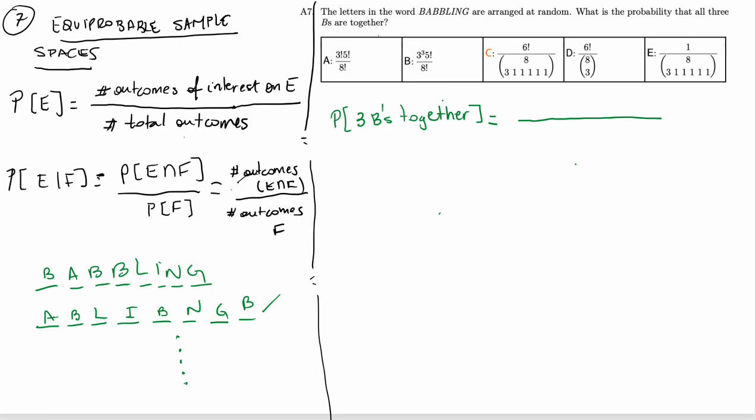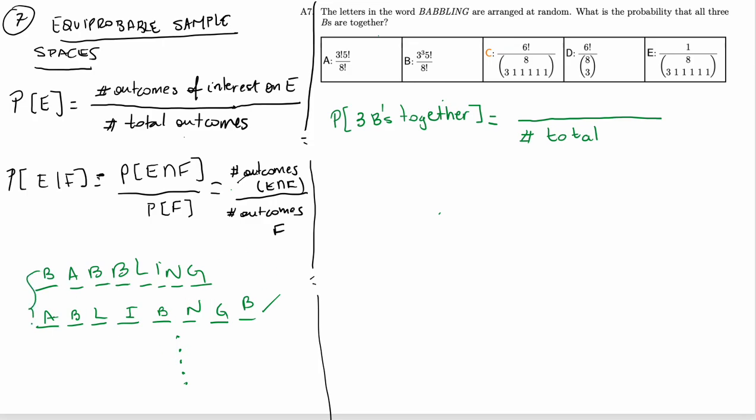What's in the denominator? Well, the denominator is the total number of outcomes or arrangements of the word. There are several ways that this word could be shuffled, right?